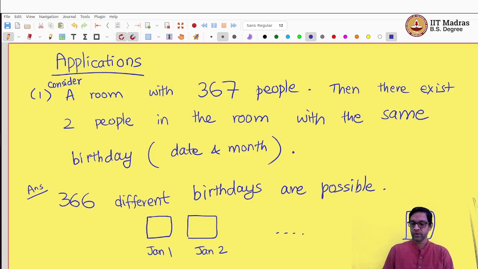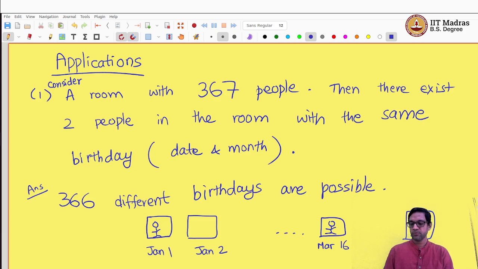And what I'm going to do now is to look at the people in the room, and I will take a person, see what their birthday is, and put them into that box. Maybe the very first person has birthday on Jan 1. There is somebody else whose birthday is, let's say, March 16th. So you put them there. Maybe somebody is December 31. You put them there, and so on.